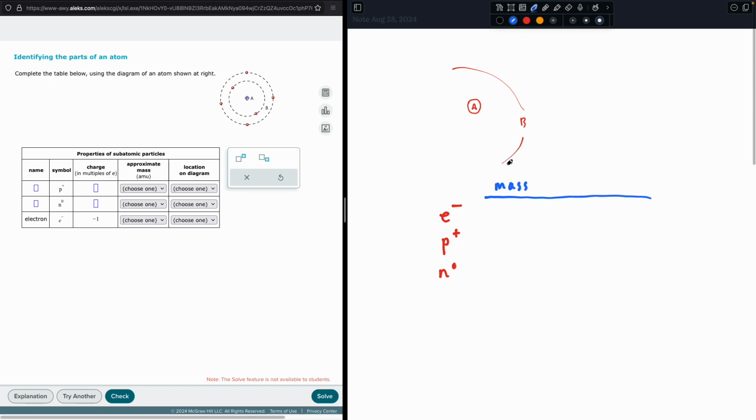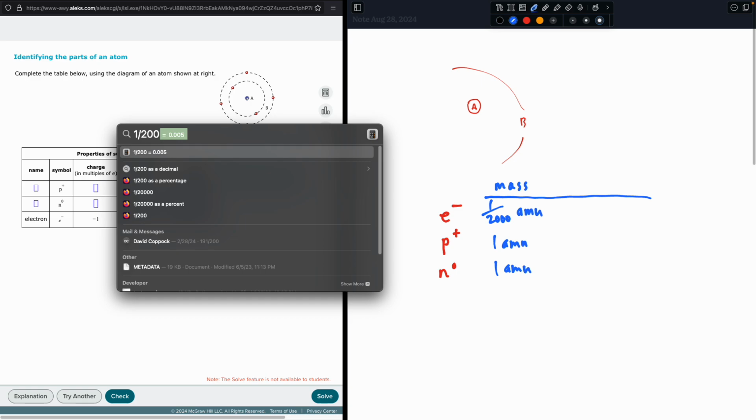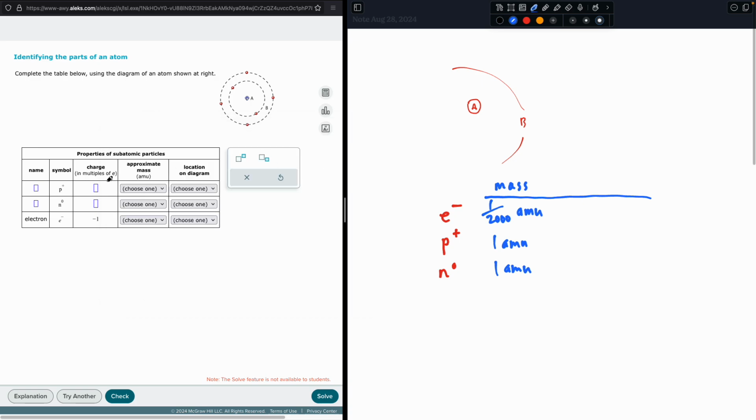All right, so the mass of a proton is about 1 AMU, the mass of a neutron is about 1 AMU, atomic mass unit, and the mass of an electron is about 1/2000th AMU. So let's say 1/2000 is equal to 0.0005. So the approximate mass is going to be 0.0005.